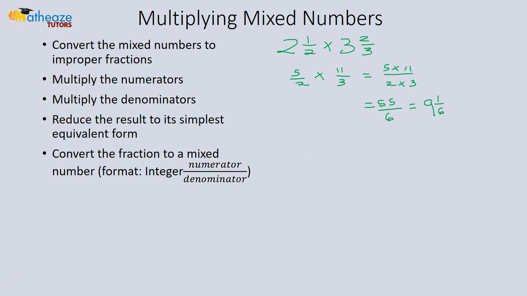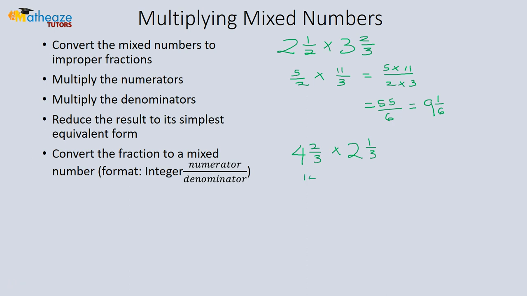Another one here. 4 2/3 multiplied by 2 1/3. First step, we're going to convert to improper fraction. 4 times 3, 12 plus 2.